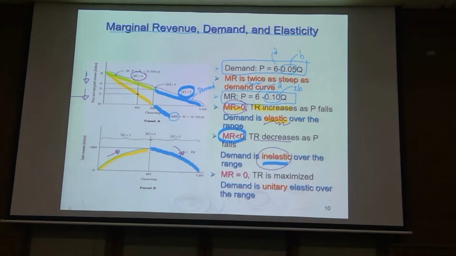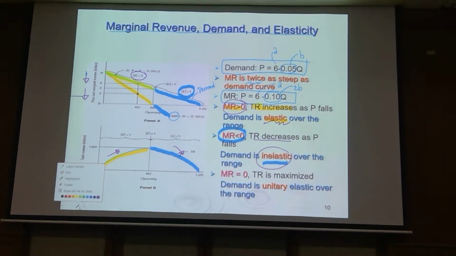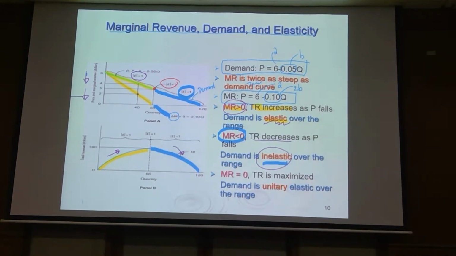So last one, if you want to earn maximum revenue, you should price where demand is unit elastic, right? So here, when demand is unit elastic, you're going to see that marginal revenue is equal to zero.